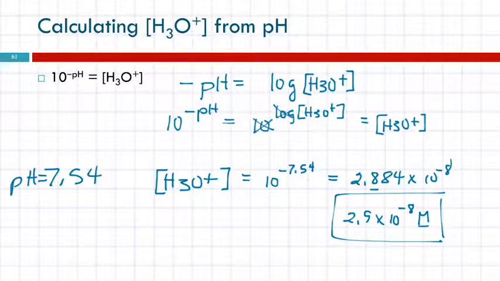That's the hydronium ion concentration. So it's great if you understand the relationships, but the minimum is just be able to plug the numbers into your calculator and get the answer.